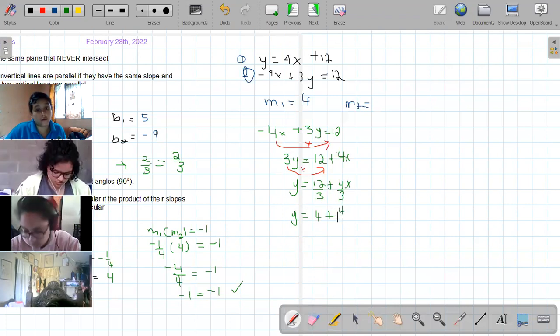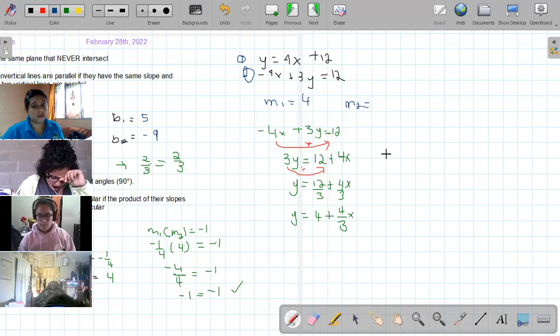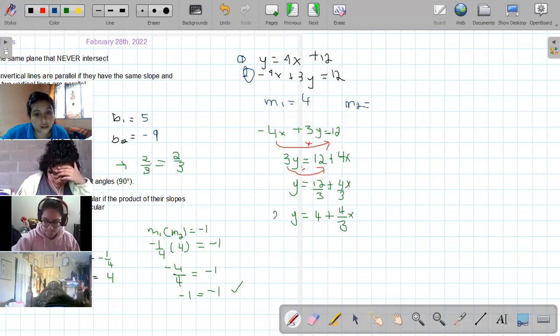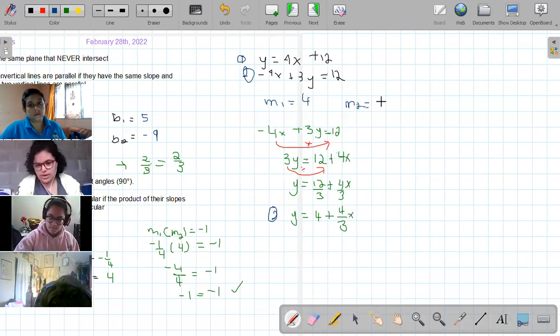No. So 4 over 3 x. Now I can find the slope. What is the slope of equation number 2? Remember, this is equation number 2 now, transformed. What is the slope? 4 over 3.